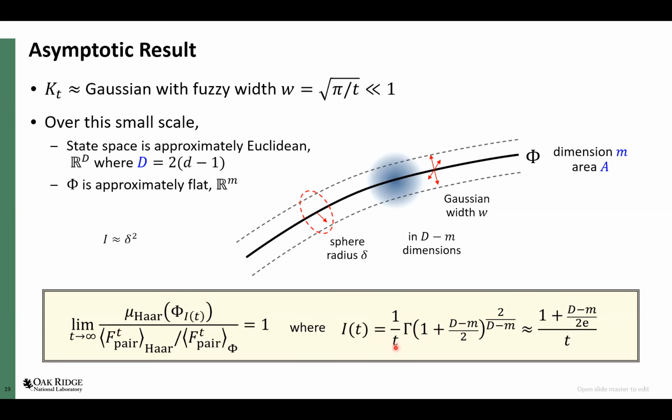This looks maybe complicated. It involves a gamma function, but basically it goes like 1 over t with a constant factor that depends on the dimensionality. So the larger the dimension of your Hilbert space, the greater this characteristic infidelity, and the larger t, the smaller this characteristic infidelity.